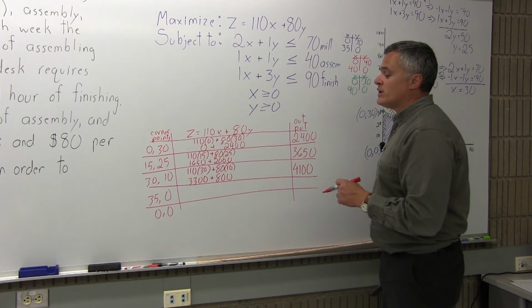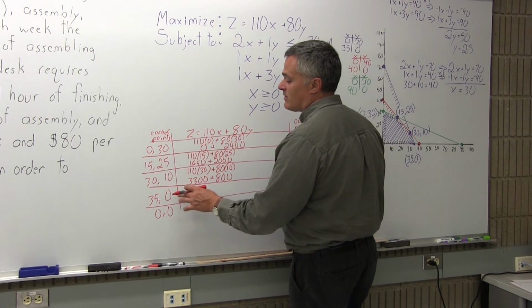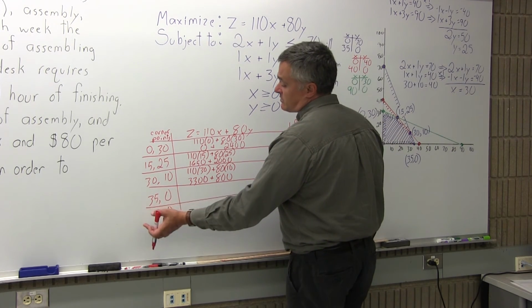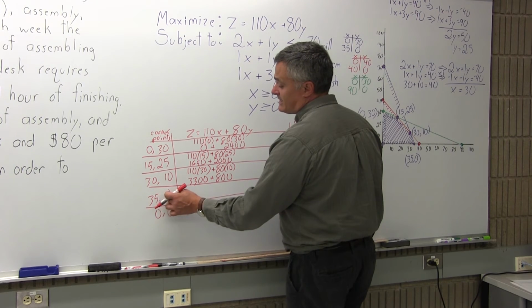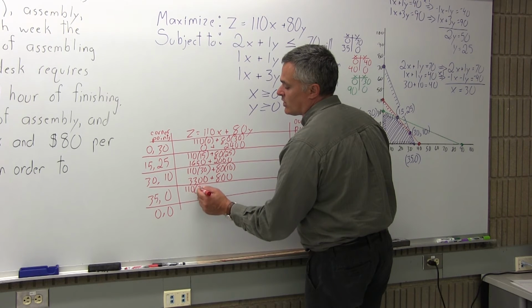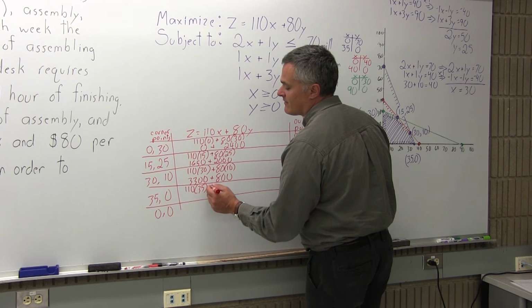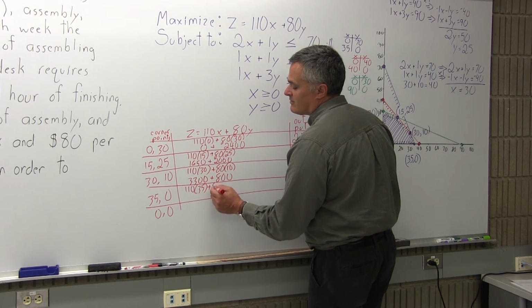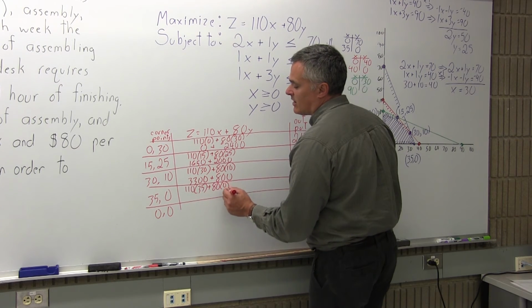So the next corner point is 35, 0. 35 for x, 0 for y means what happens when I make 35 desks and 0 chairs. So 110 times x is 110 times 35, plus 80 times y is 80 times 0.